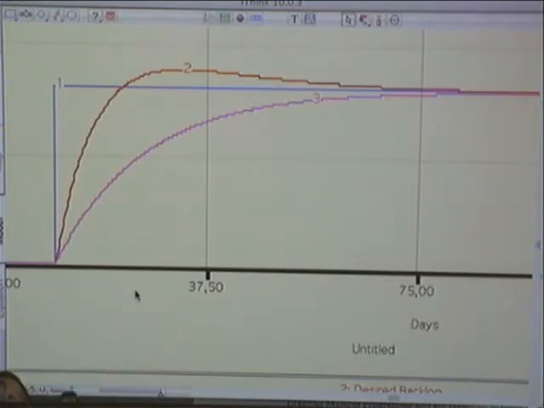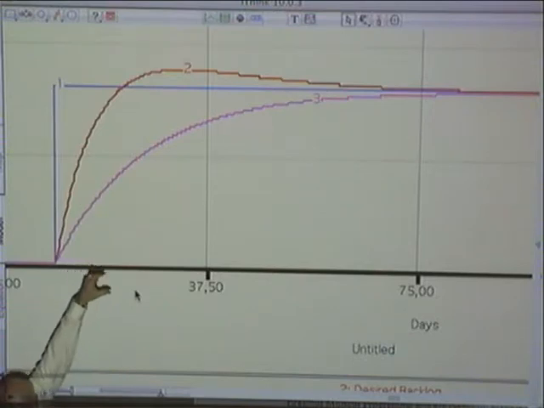Okay, so this means that the difference is growing. The difference between the purple line and the red line is growing, as you can see, and it grows to a maximum. That's when there is the largest difference between backlog and desired backlog.